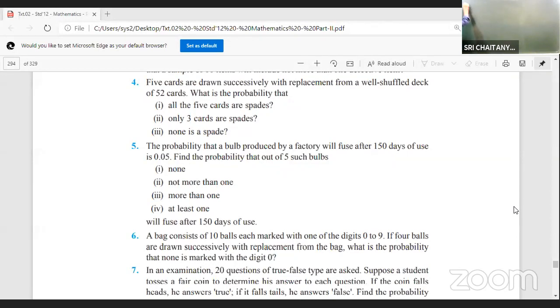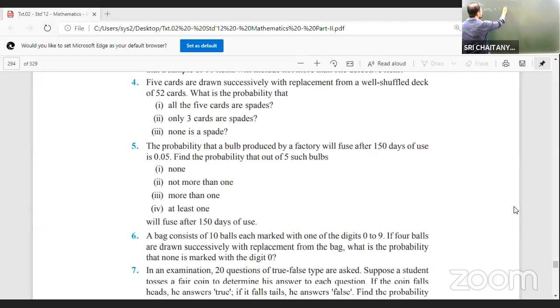Now, sixth problem. N is equal to 4. Number of tries means total number of digits drawn, that means 4, right? Next one, probability of getting 0. The balls are marked with 0 to 9, which means totally 10.